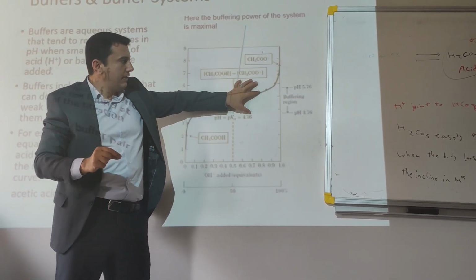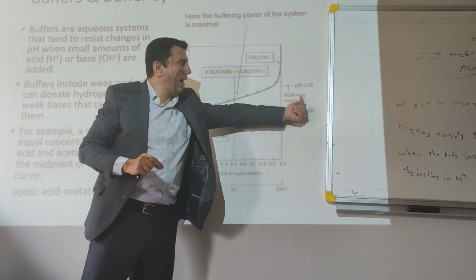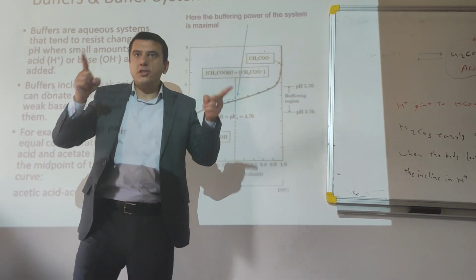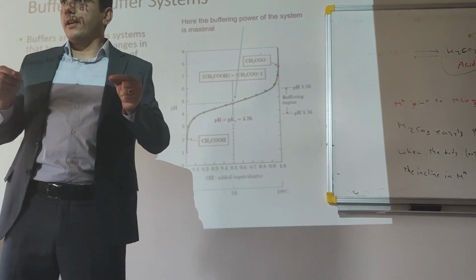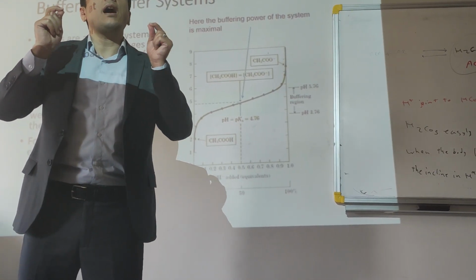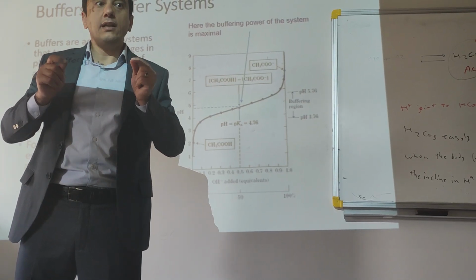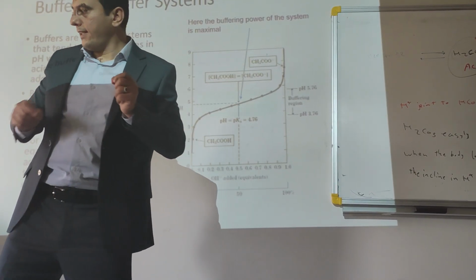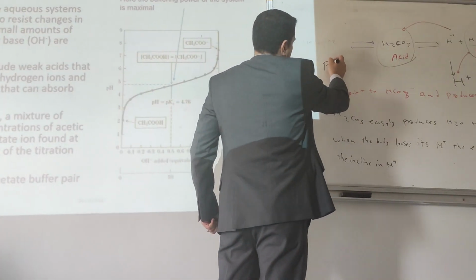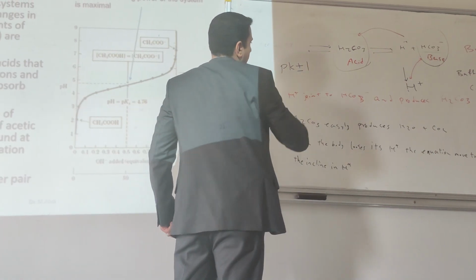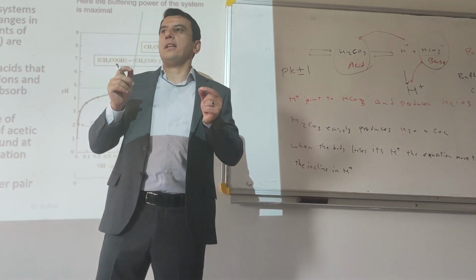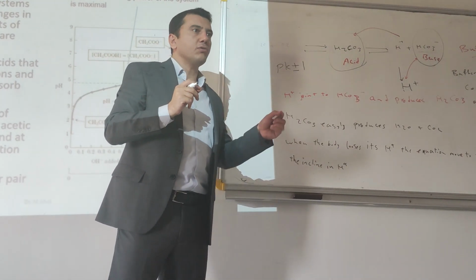We name this region the buffering region, which means the region where the buffer has the highest buffering properties in a solution, and that is equal to pK plus or minus 1, which means that it is a unique amount for any buffer.